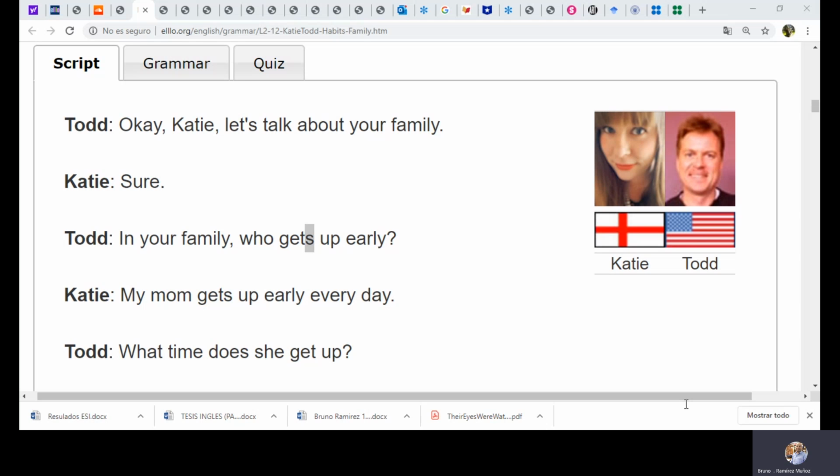Okay, now the second task is pronounce the verbs. Probably you have to listen to the dialogue again. You have the link in the chat, right?